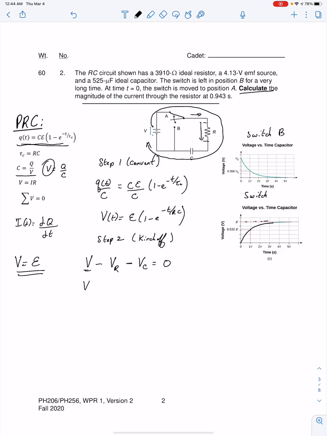So now we just replace voltage, where the EMF is still in place. This is equal to current over time times resistance minus the equation that we have for the voltage across the capacitor, EMF times 1 minus e to the negative t over RC.